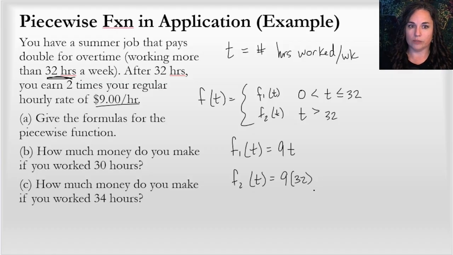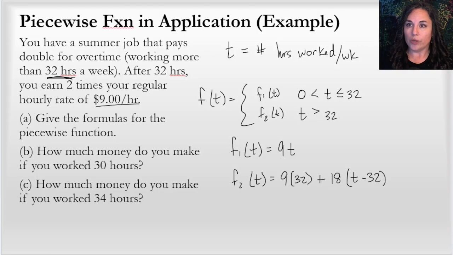So what I'm going to note is that up until 32 hours, you're going to get $9 per hour. So there's this base rate. And then after 32 hours, you're going to get double that, which is 18. You earn 2 times your regular hourly rate, so 9 times 2 is 18 per hour. Then you take the total hours you work and subtract 32, because that double time rate is only applied to the hours over 32. So that's why I need a t minus 32 in there.